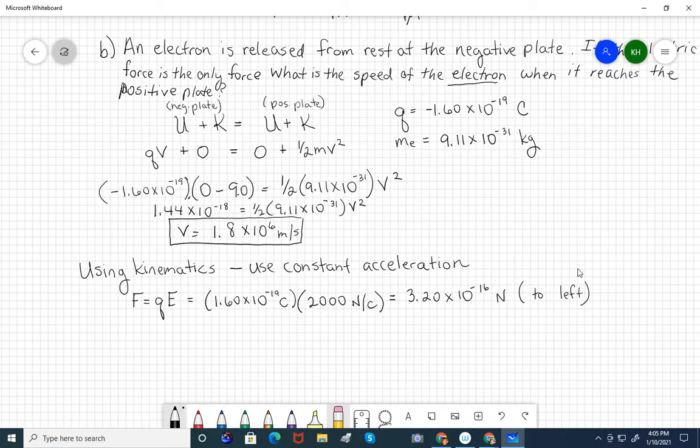In between parallel plates, we have what we call a uniform electric field. That electric field is constant, so it has a constant force. We know from kinematics that force equals mass times acceleration.